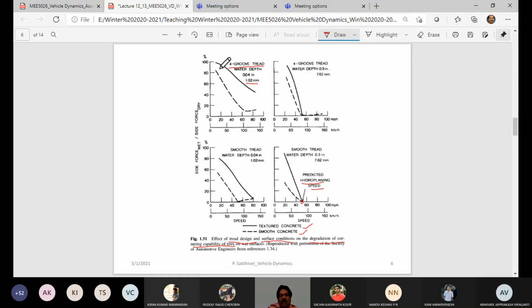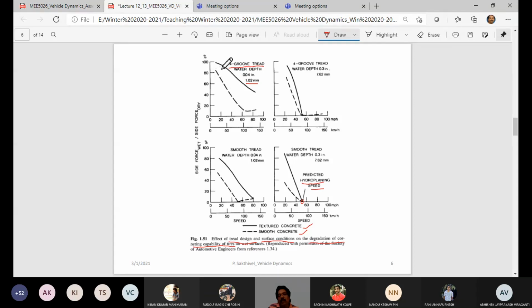In the case of textured concrete, you would have micro roughness, whereas smooth concrete means you will not have even micro roughness. So the hold of your road on the tire is so much less. So you see that difference of the road texture.